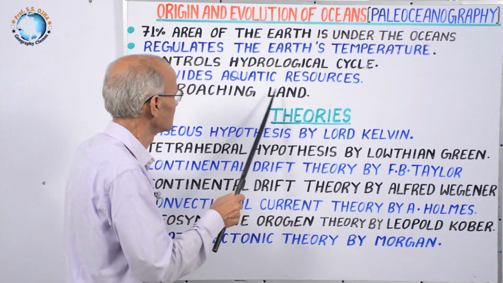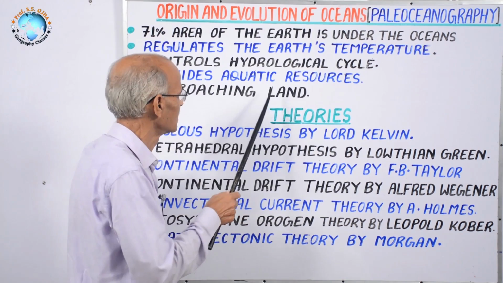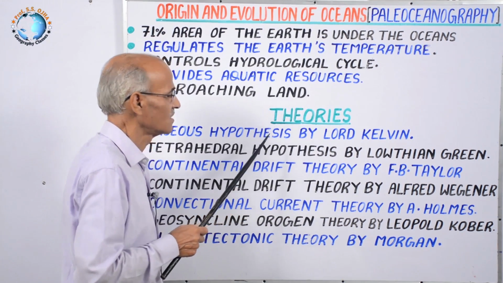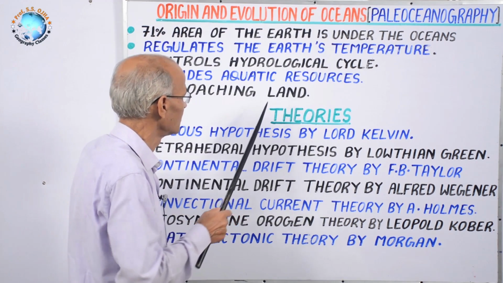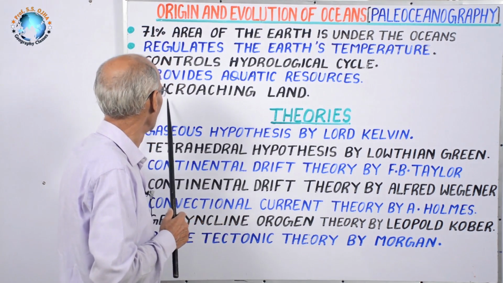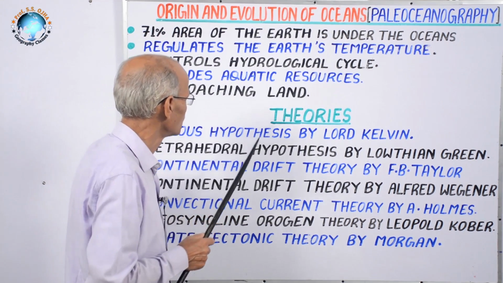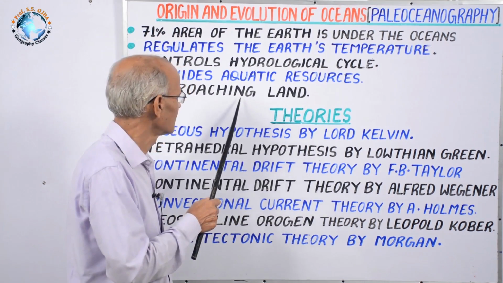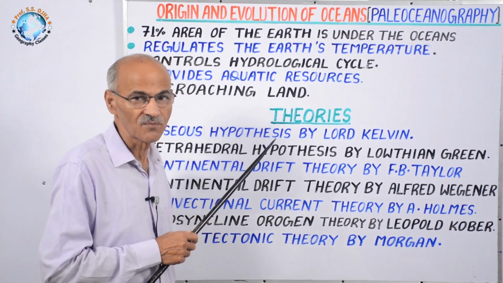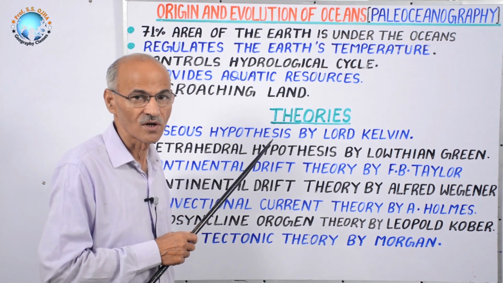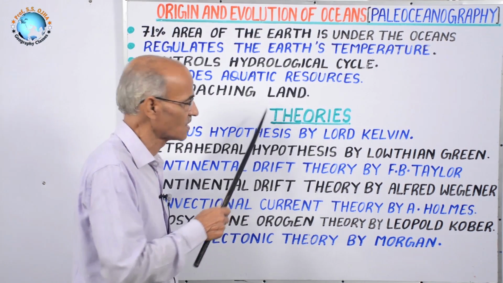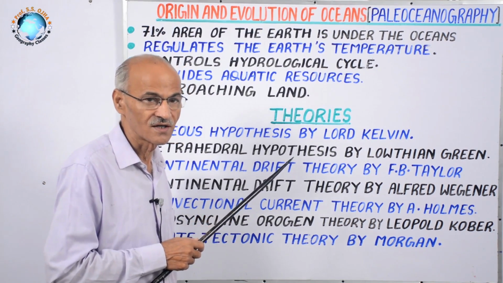Next, they provide aquatic resources, and here biotic and abiotic both resources are found and being utilized by man. And oceans are encroaching land. It is not only that people are encroaching the ocean by poldering, rather oceans are also encroaching land area.